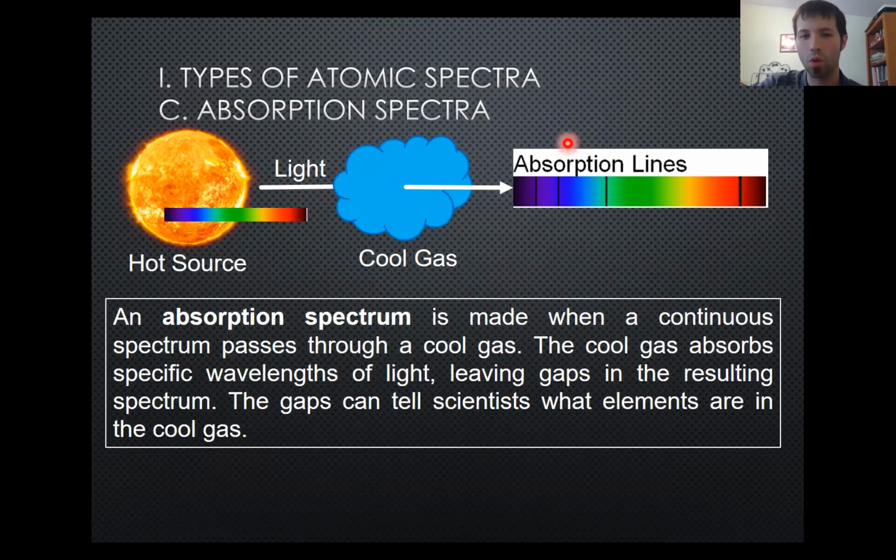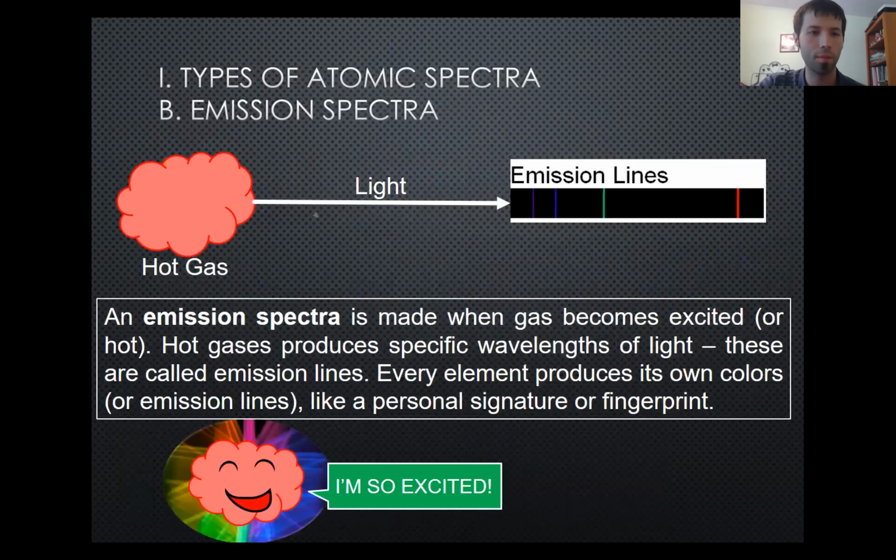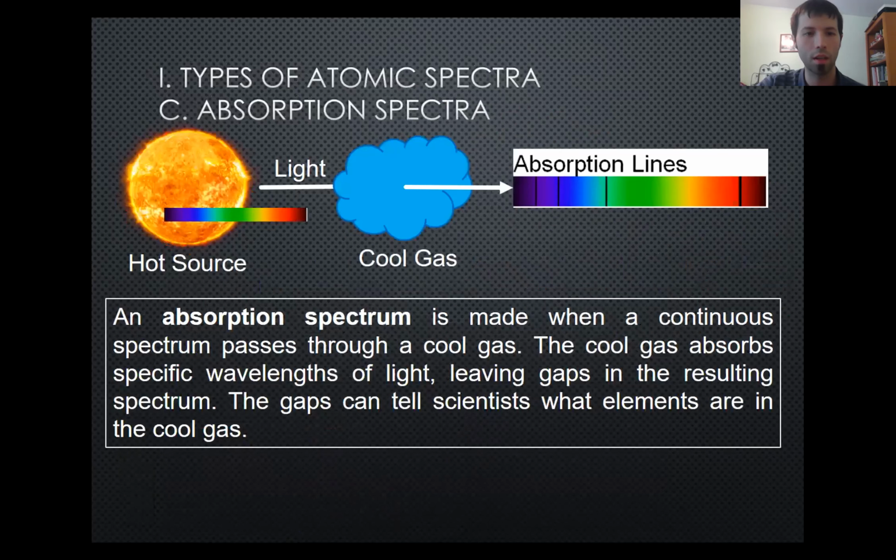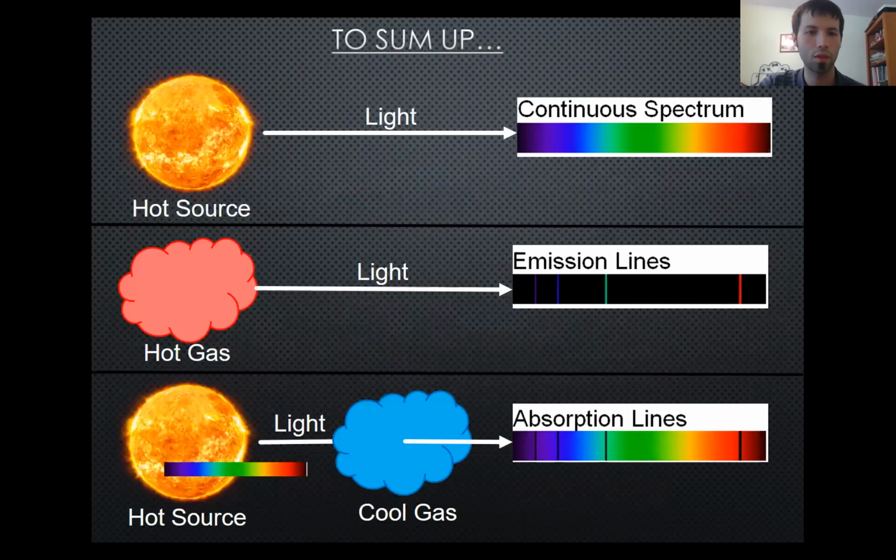But the thing about these absorption lines is that they match up perfectly with the emission lines. So for example, if I took my gas from this first example and look at the emission lines right here. Actually, let me go forward a few slides. I'm trying not to confuse it too much. If I take this gas right here and look at the emission lines, and then I pass a continuous spectrum through it while it was cool instead of being hot, the emission lines line up perfectly with the absorption lines.